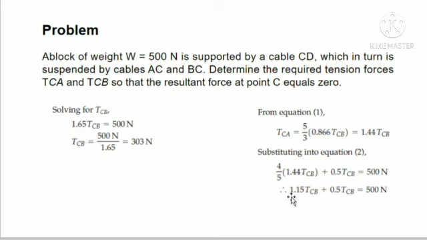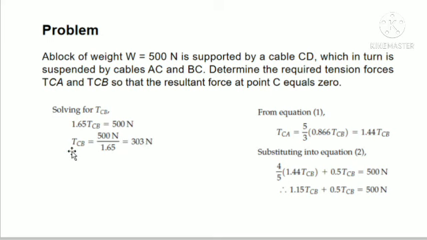So 1.15 TCB plus 0.5 TCB is 1.65 tension CB, that is equal to 500 Newton. So tension CB is equal to 500 Newton divided by 1.65 so that the 1.65 cancels. So it becomes 303 Newton.